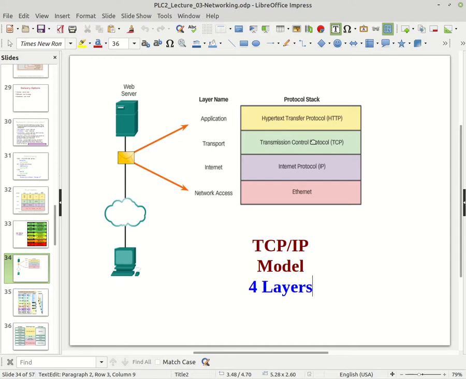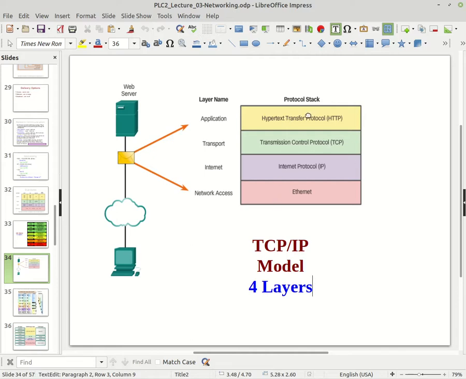And so that's kind of the transmission control protocol. The Internet Protocol basically tells you which computer we're going to send it to, or which PLC we're going to send it to. And then the transmission control protocol tells it which application within the PC that we're going to send it to.